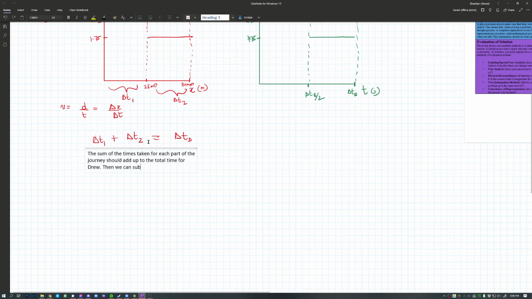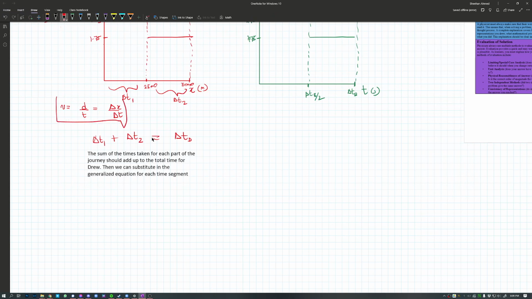Then we can substitute in the generalized equation for each time segment. There you go. Now, if I'm grading this, I know exactly what your thoughts are and what you're doing. So let's see.